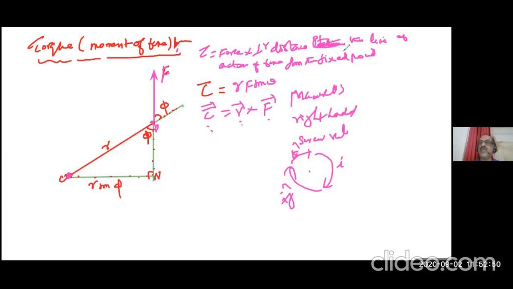That means the force acting at the point P, we are extending that line of action. Perpendicular distance of the line of action of force from the fixed point. That is the torque. Then draw the diagram.